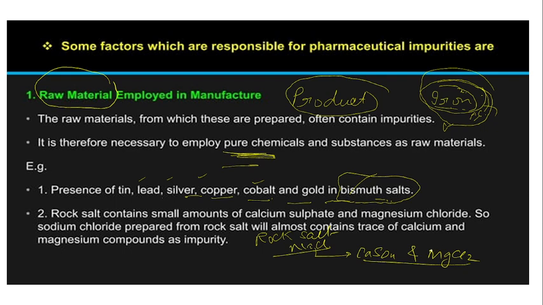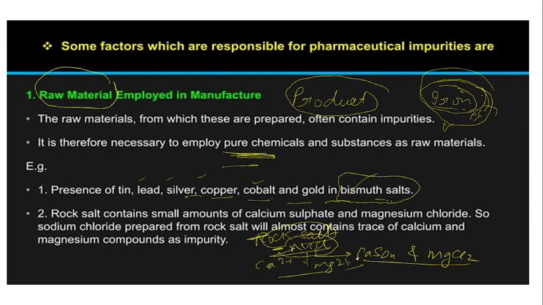These are the two basic impurities which are present in a smaller amount, but they are present in our rock salt. So sodium chloride prepared from rock salt may contain traces of calcium and magnesium compounds as impurities. Exactly. Even sodium chloride prepared from rock salt, as I already told you, is not completely purified. It has a small amount of impurities of calcium as well as magnesium.